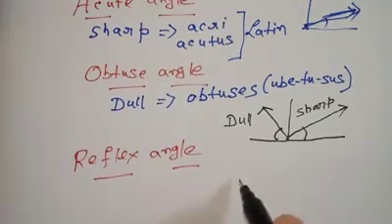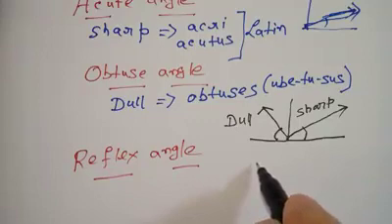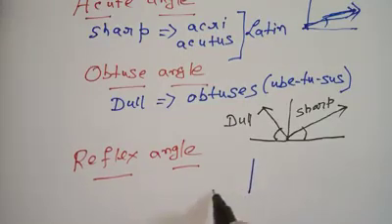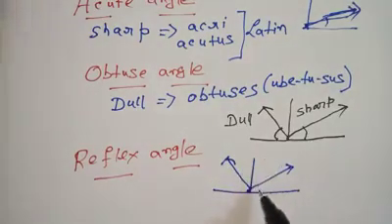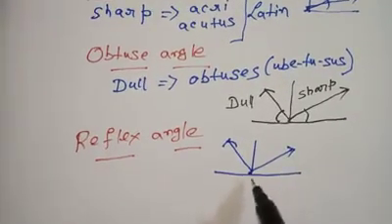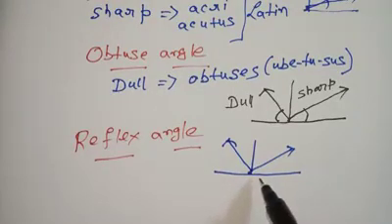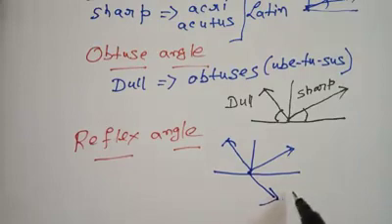I understand, obviously. So when we are drawing this one, say for example, again we are drawing a graph. This part is the sharper one, this part is the dull one, this is the erectus or the straight one. But this is what? Actually it is a reflection.